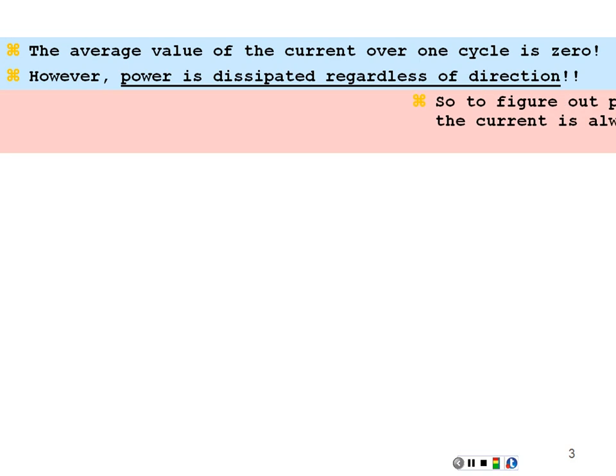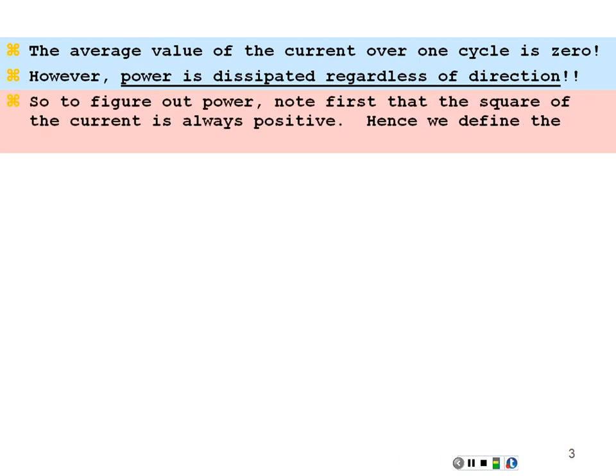Well, we need to find a way to represent this AC current in a positive sense, in a finite sense, where we can deal with power. So to think about this, we're going to take our AC current that's going positive, negative, and we're going to square it. So we're going to square the value of the current so that all the values that we have after that are going to be positive.